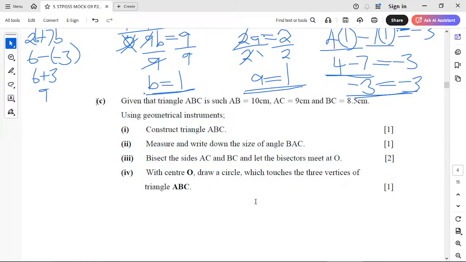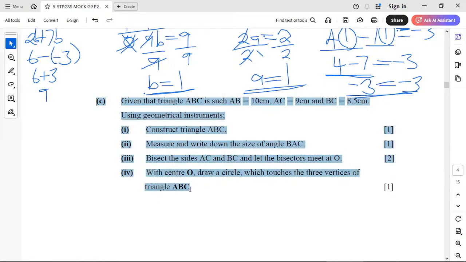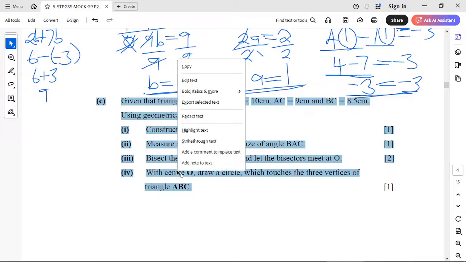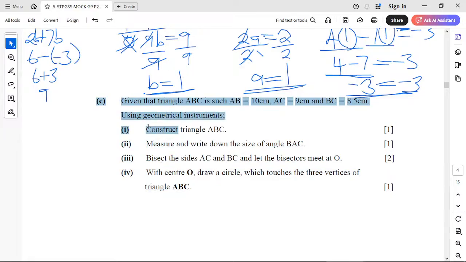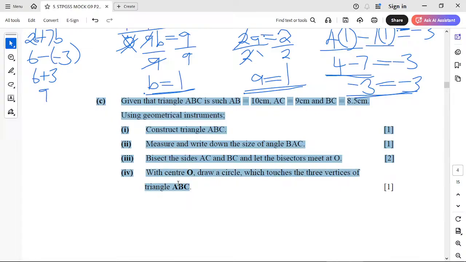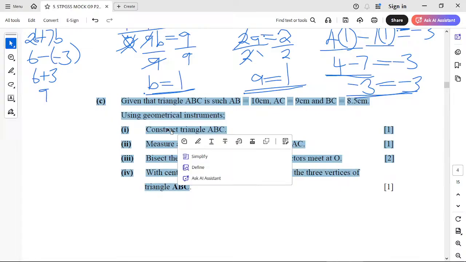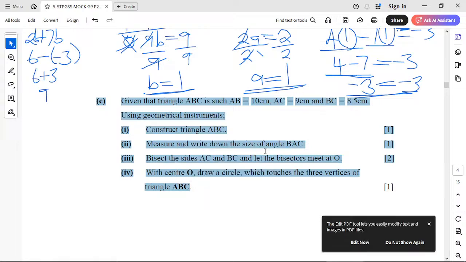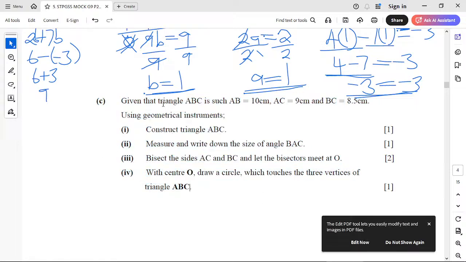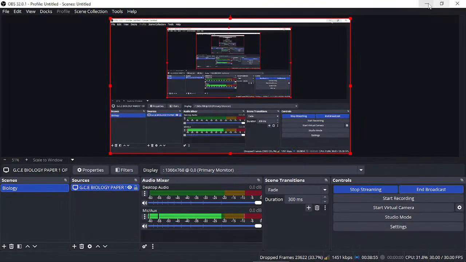Okay, to answer this one, I'm going to take you to a software that we can use to answer this one. Let me take you somewhere where we can. So to answer this one, let's use a different software that has got those equipments.